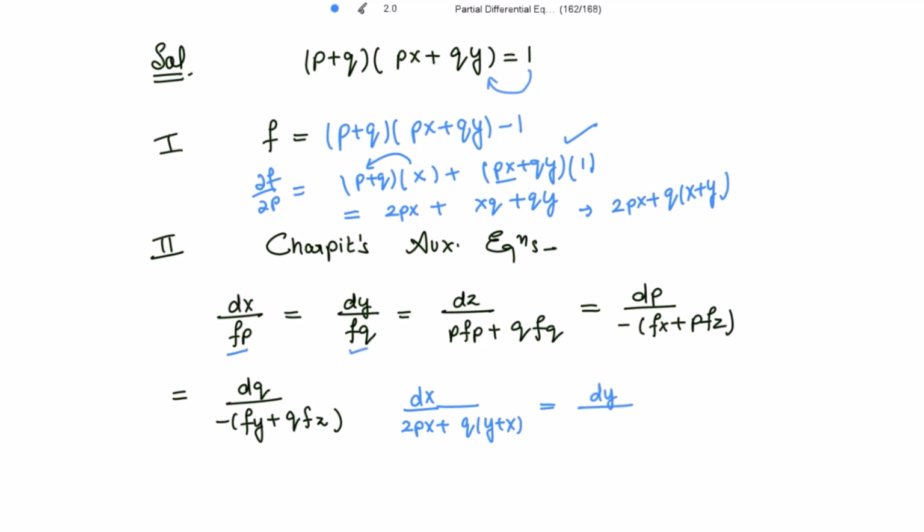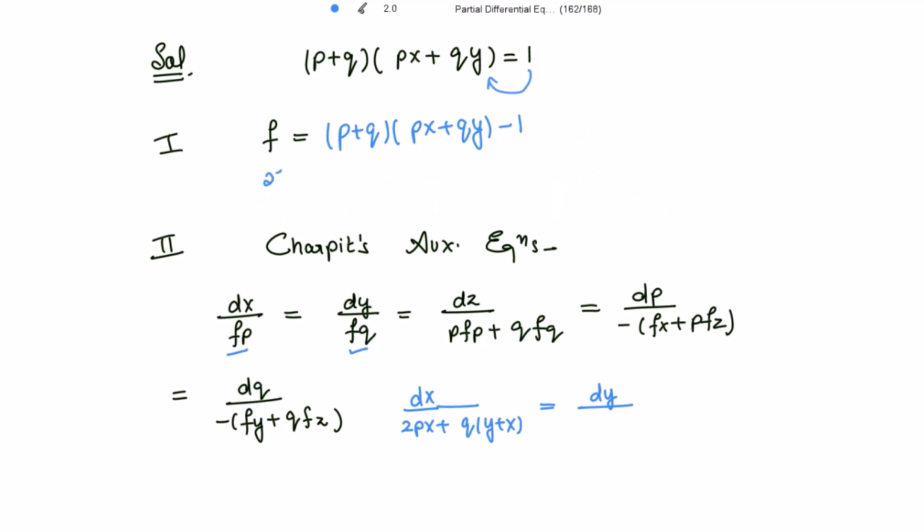now dy divided by f with respect to q. Differentiating f with respect to q, by similarity, this is 2qy plus p into y plus x. Then dz divided by p multiplied with fp. This is already your fp, so we just need to multiply p here.